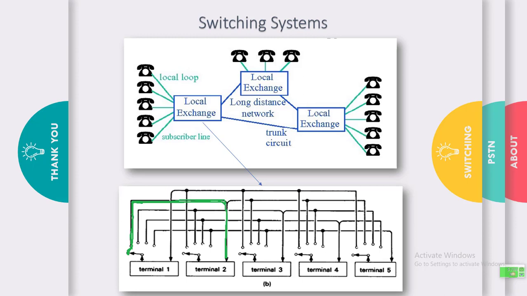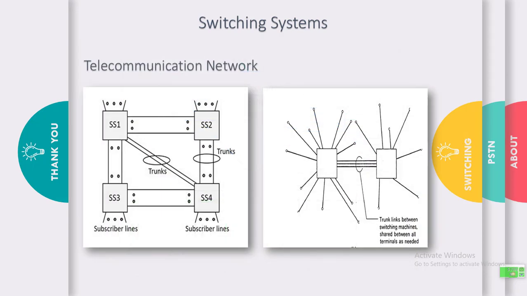The same way, each terminal has a specific connection with other terminals. In this way, all the subscribers of a local exchange will communicate with each other. Now go to the next slide.